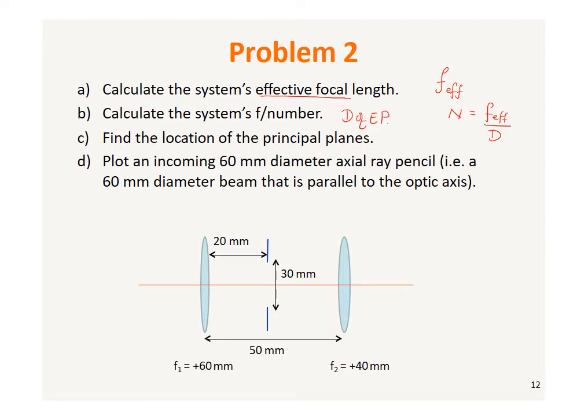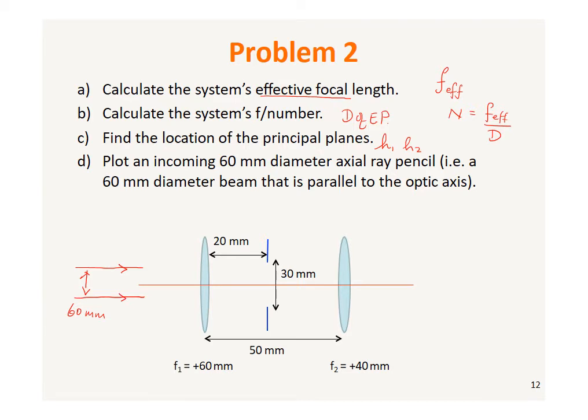Part C, we're going to find the location of the principal planes, so you'll calculate H1 and H2. Then, for some ray tracing and visualization practice, you need to plot an incoming 60 mm diameter axial ray pencil. So across here we have the dimensions of 60 mm, and this pencil of rays is traveling parallel to the optical axis.